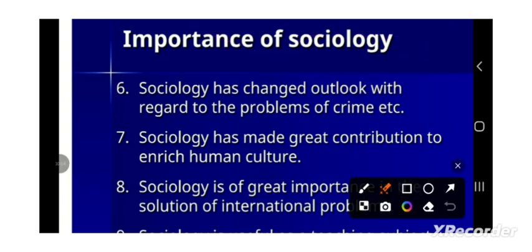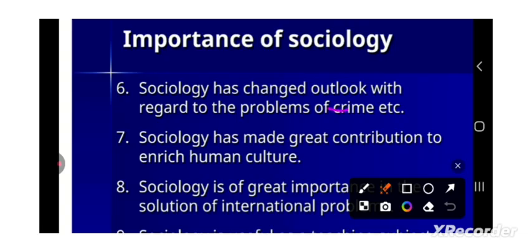Importance of sociology. Sociology has changed outlook with regard to the problems of crime. Sociology shifted the focus of understanding crime and other social deviance like delinquency or addiction from purely individual fault or moral failing to social factors.